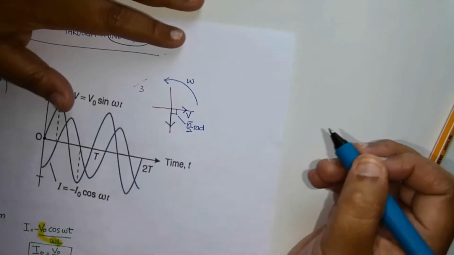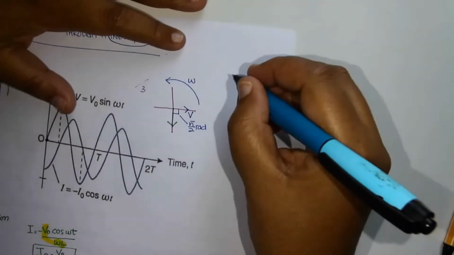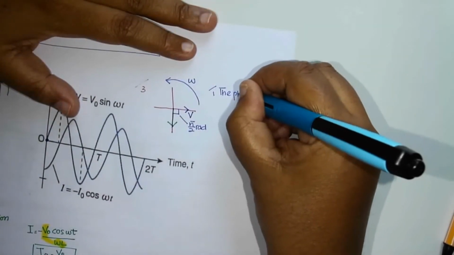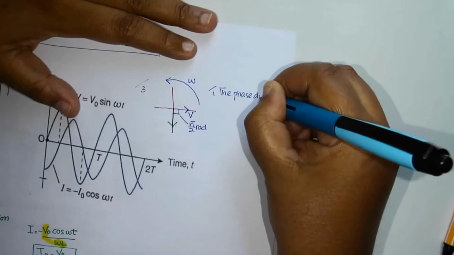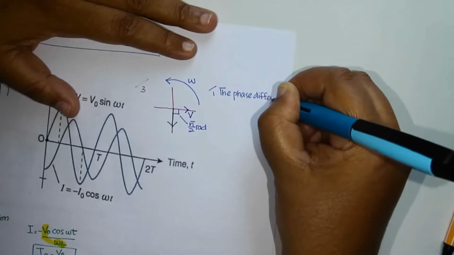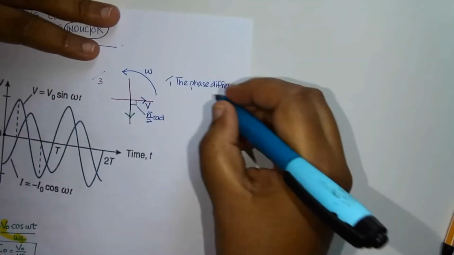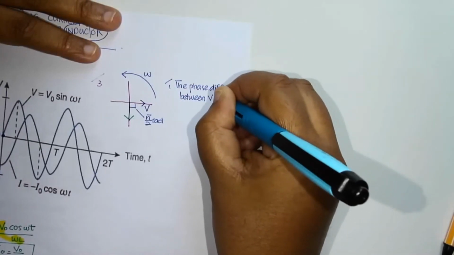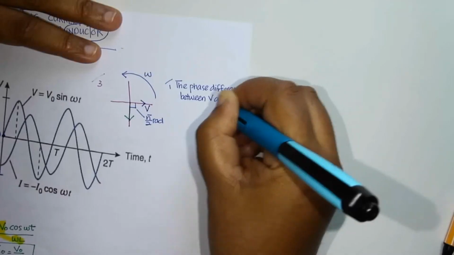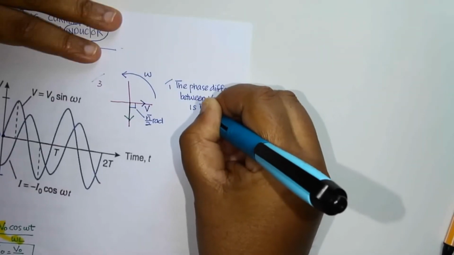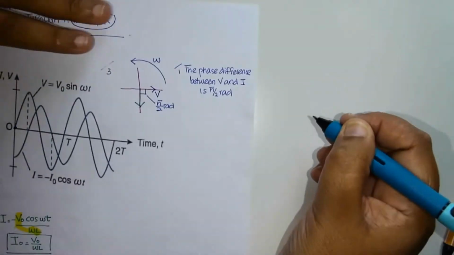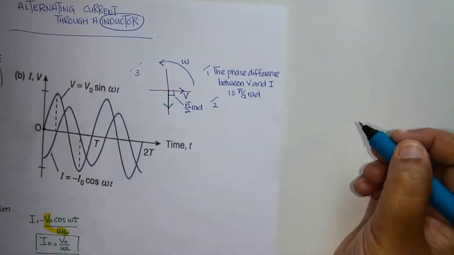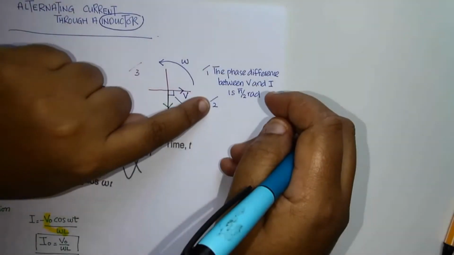Okay, so we can make 3 conclusions. One, the phase difference between V and I is pi over 2 radian. Number 2, since it's in this direction, V is leading, or we can say I is lagging behind V. I is lagging behind V because it's in this direction, right?